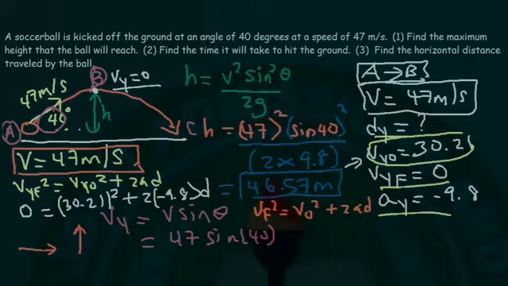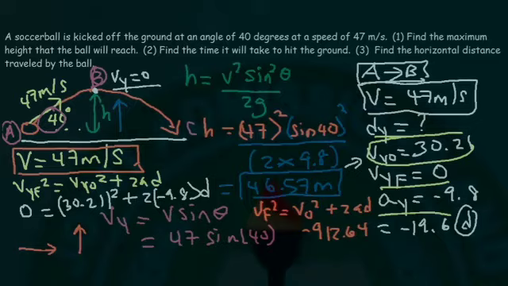So if we move the 30.21 to the other side, 30.21 squared, that's about 912.6. But if we move it to the left side, it's going to be negative 912.64. 2 times 9.8, that's like 19.6, but it's negative. As we can see, d is going to be positive. As we go from A to B, the ball is going up.